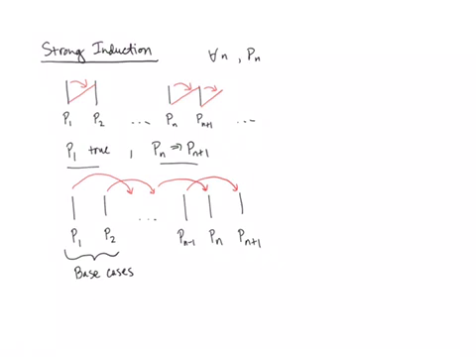And there's no reason to think that it couldn't be the case that your Pn plus 1 is implied by the thing 3 before it, or 4 before it, or 5 before it, right? And if that were the case, say Pn plus 1 was implied by P sub n minus k, so this is k plus 1 steps earlier.